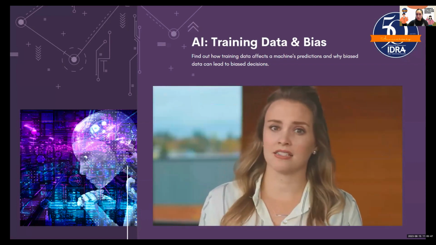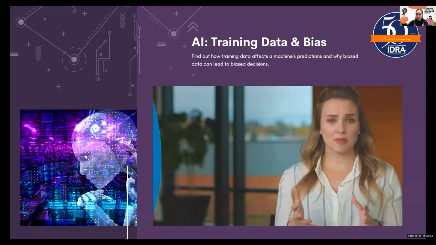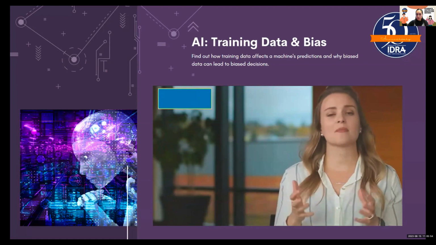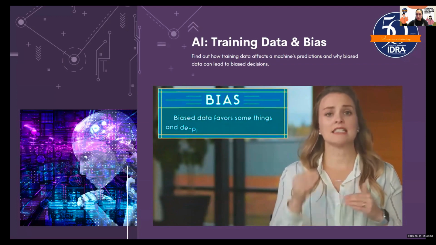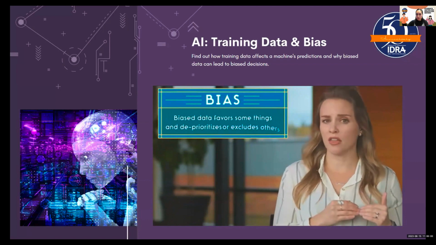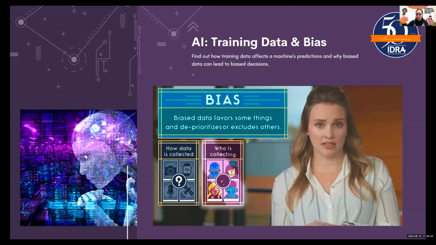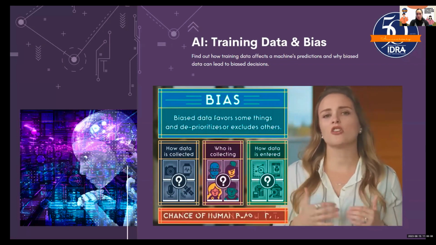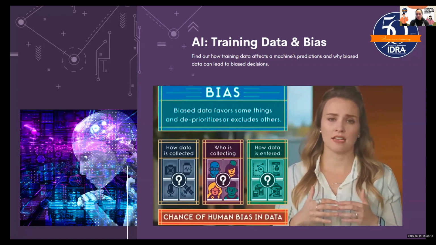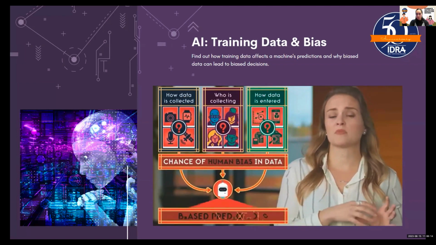It may not recognize diseases when asked to diagnose the X-ray of a woman. This blind spot in the training data creates something called bias. Biased data favors some things and deprioritizes or excludes others. Depending on how training data is collected, who is doing the collecting, and how the data is fed into the computer, there is a chance that human bias is included in the data. By learning from biased data, the computer may make biased predictions.